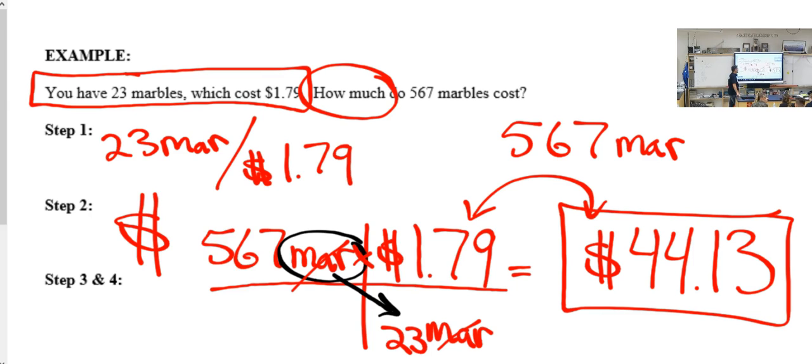So 567 times 1.79 and divide that by 23. Well, you've never had a math teacher as good as this one. Have you ever had a math teacher? Everybody help me out unless you're already moving.